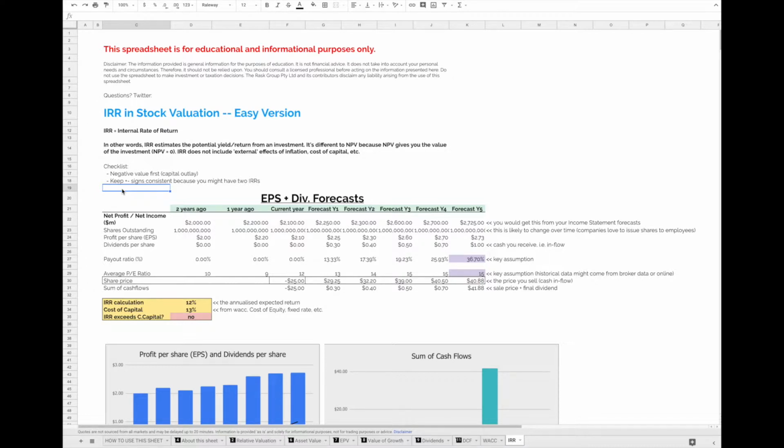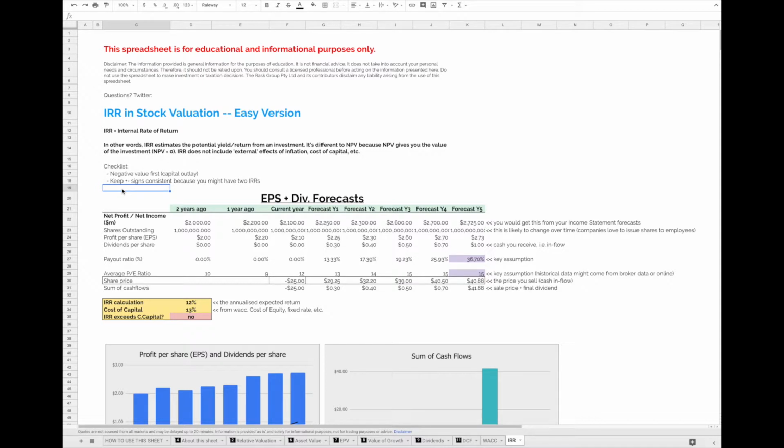If you've read some material on IRR, you'll know that if you have multiple sign changes, like a positive cash flow, then a negative cash flow, then a positive cash flow, followed by a series of negative cash flows or cash outflows, you might end up with a few different IRRs. So remember just to keep the signs consistent as you go through this template.